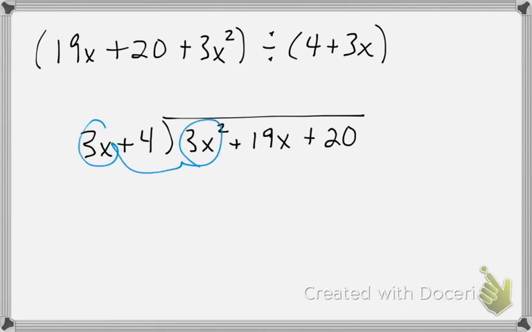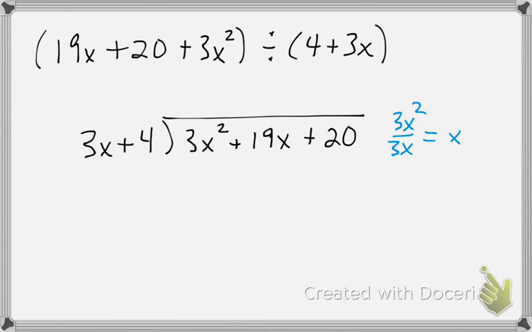3x into 3x squared. How many times does 3x go into 3x squared? X. All right. Again, if I take 3x squared over 3x, I do see that the leftover there is x. It's 1x, but there's still an x. There's always an x.